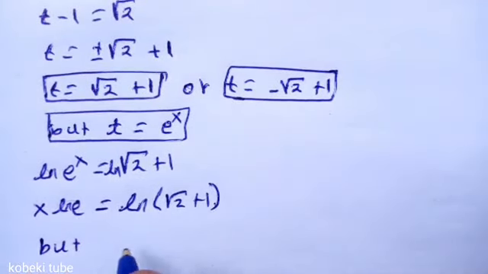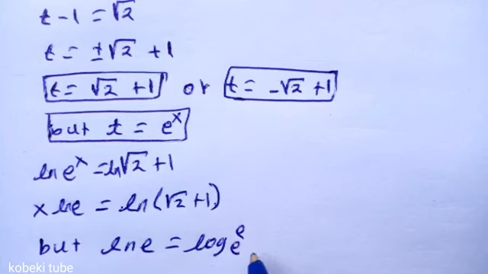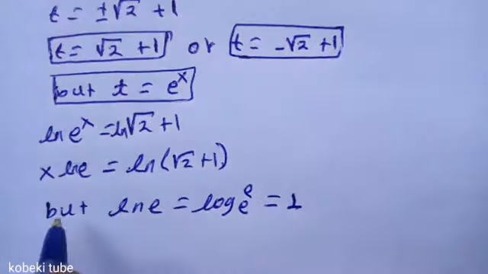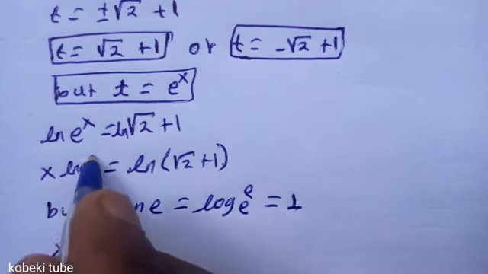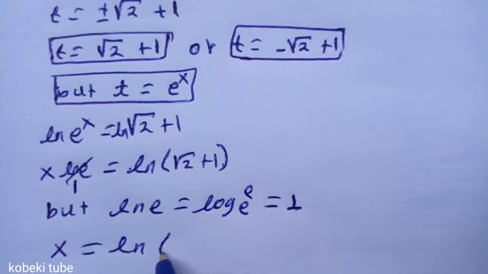But ln of e is equal to log of e to the base e, which is equal to 1. So x ln of e, which is 1, equals ln of square root of 2 plus 1.